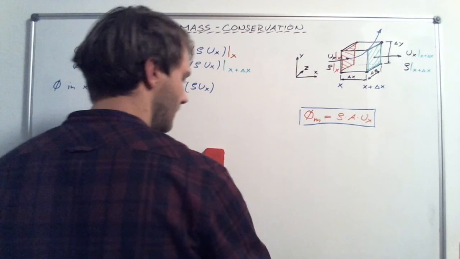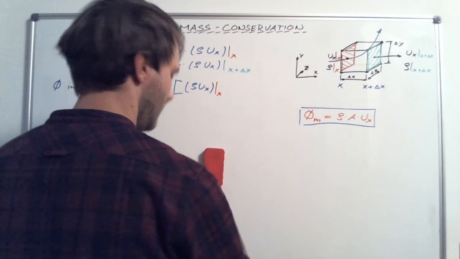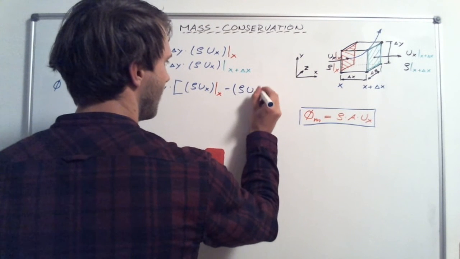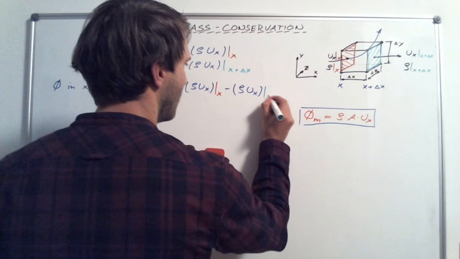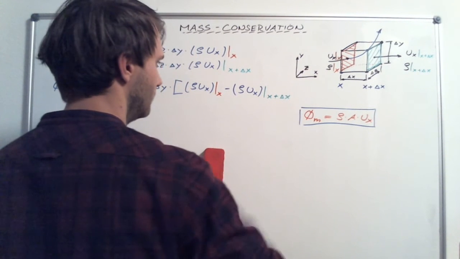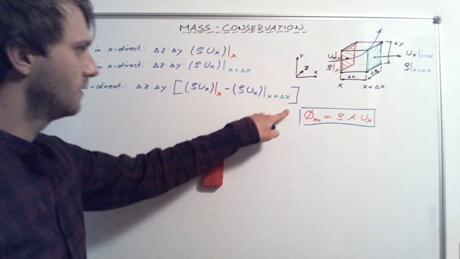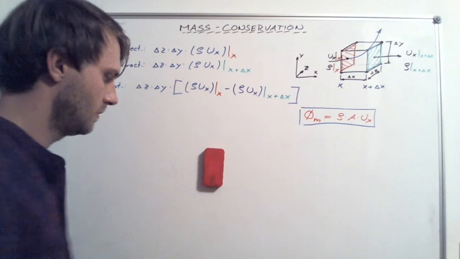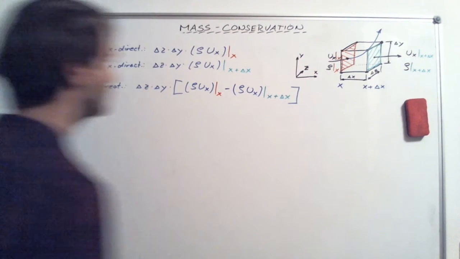Now I will mark it the last time and I subtract it. So it's plus delta x. This line is finally this here. We don't need this anymore.